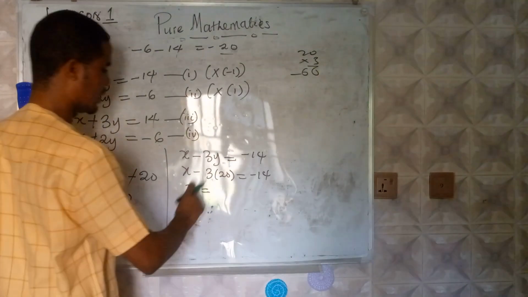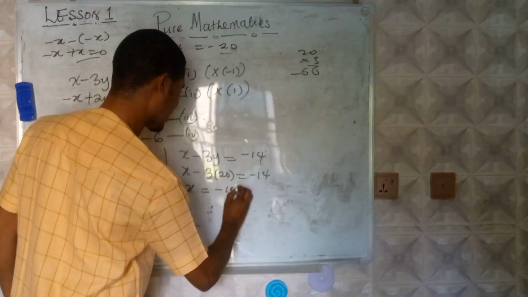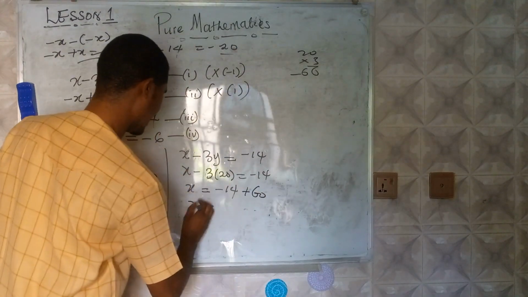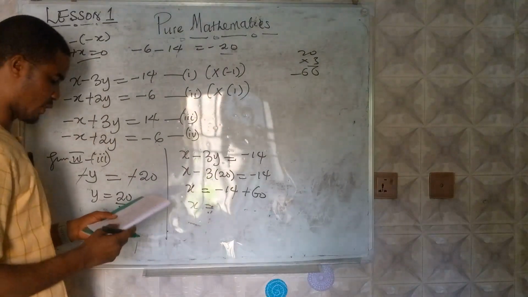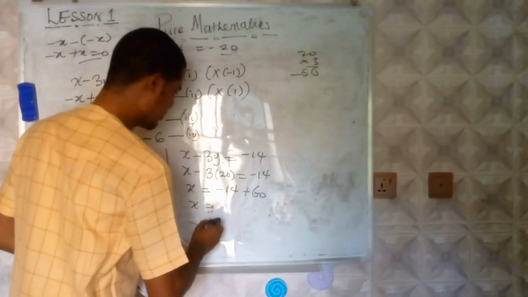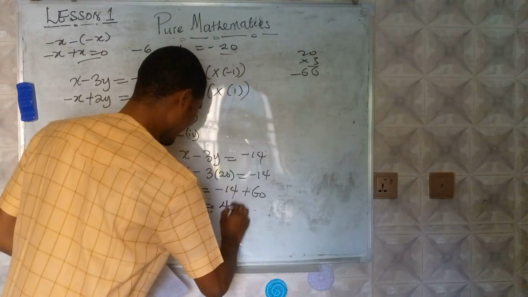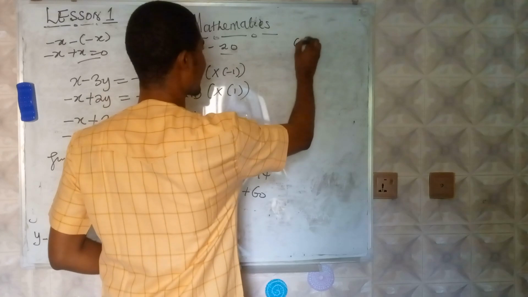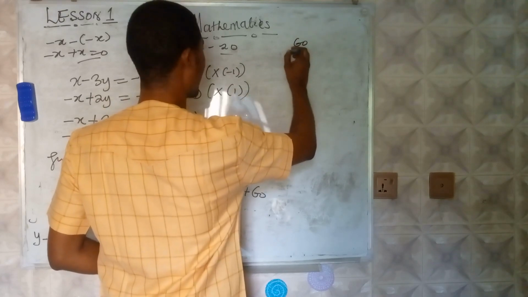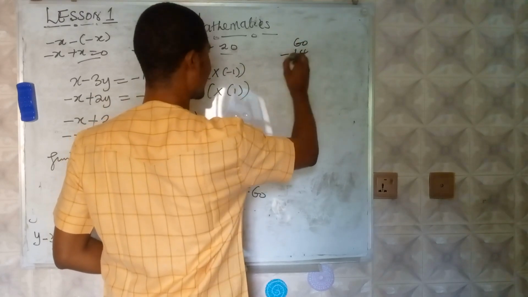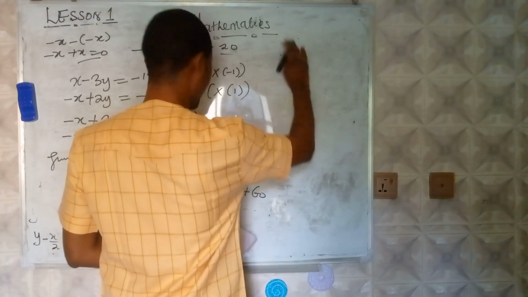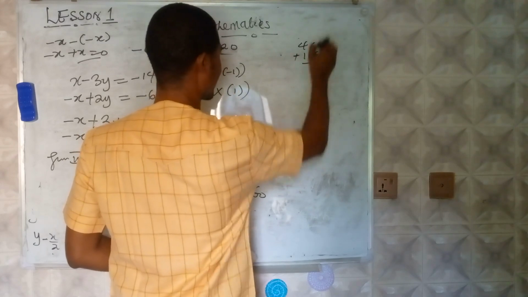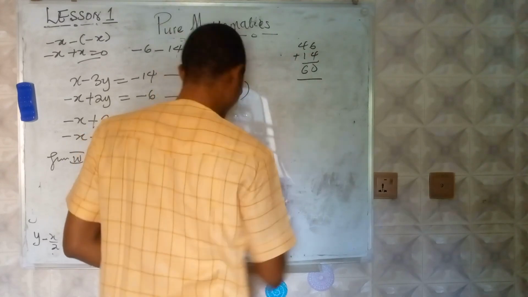Moving it over, x becomes minus 14 plus 60, which should give me 46. Let's check that. 60 minus 14, if you do 46 plus 14, that is 60, so it's correct.